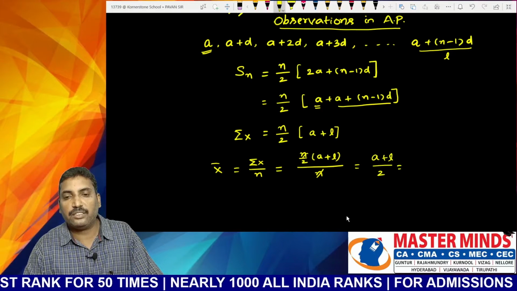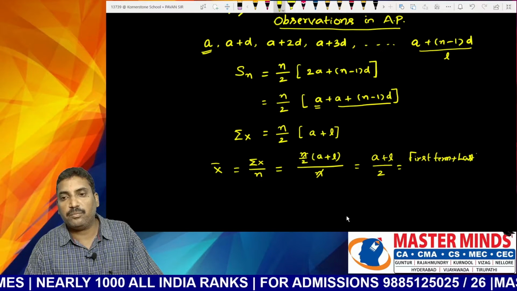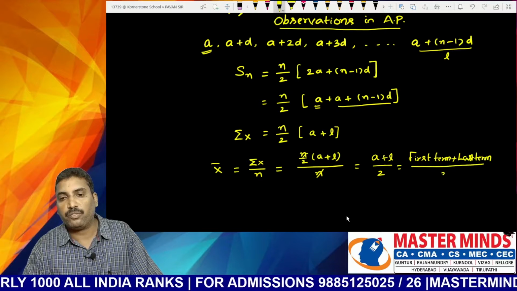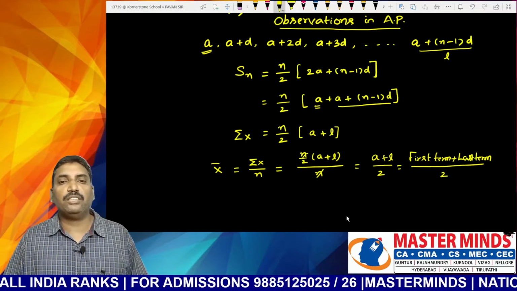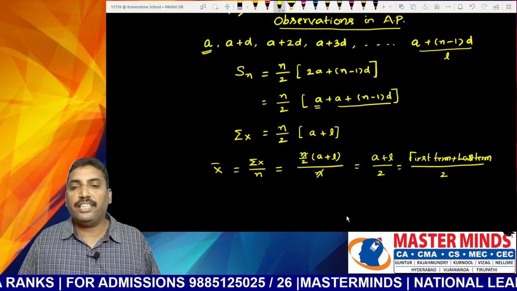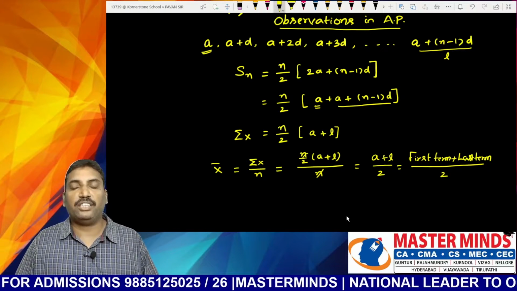That is nothing but first term plus last term by 2. Right? That means if the given observations are in arithmetic progression, how do we calculate the arithmetic mean? By taking the average of the first and last terms.